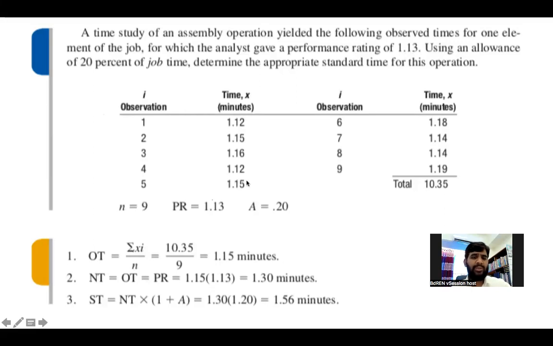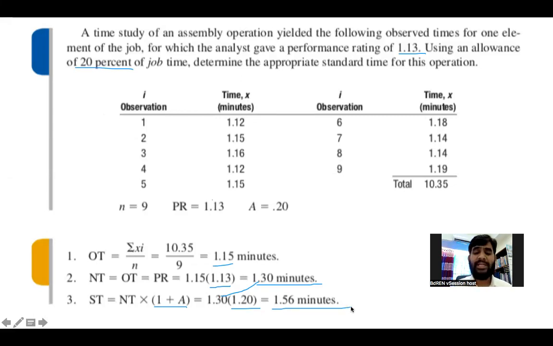Observed time 1.15 multiplied by the performance rating 1.13, then you will get the normal time, and with normal time you will apply the allowance factor. Allowance factor is 20% allowance. 20% means 1.20. So this normal time multiplied by 1.20, you will get the standard time.